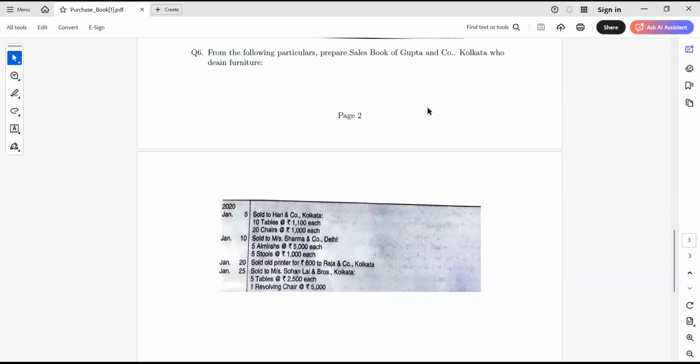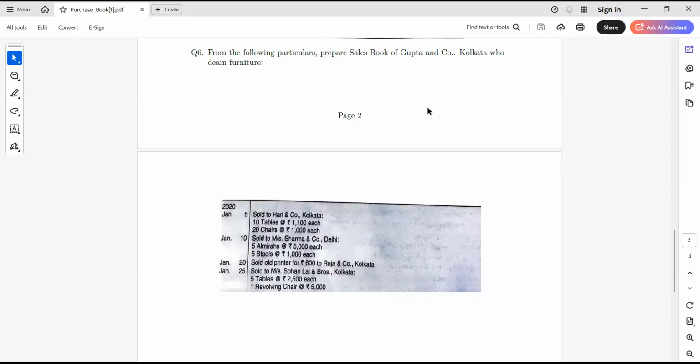Okay. One more thing, actually, before writing these, can you tell me that the business is related to furniture? Yes. Okay. So Jan 20 transaction is sold old printers. Old printer means we are selling the electronic items.